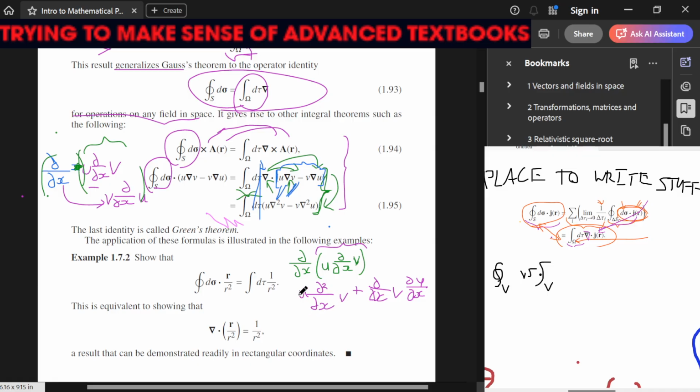The x component of this bracket. Del v del x, del u del x. Remember, this is negative, so this should cancel out with this, I assume. Plus, which is a plus, but this minus still acts on that, so it's also a minus.